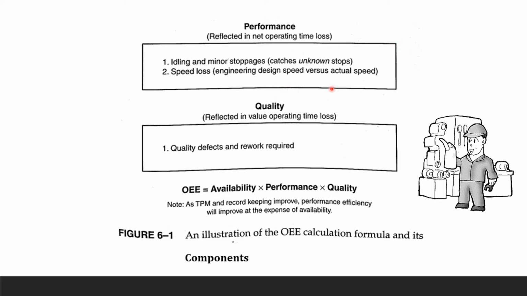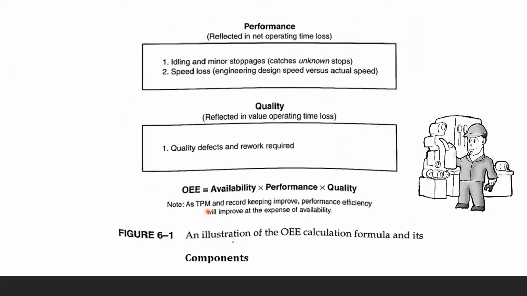We're seeing the relationship of the two and can calculate the speed loss out of it, which we consider for our net operating time loss. Quality is reflected in value operating time loss. So we look at quality defects and rework required. So your OEE is again availability times performance times quality.